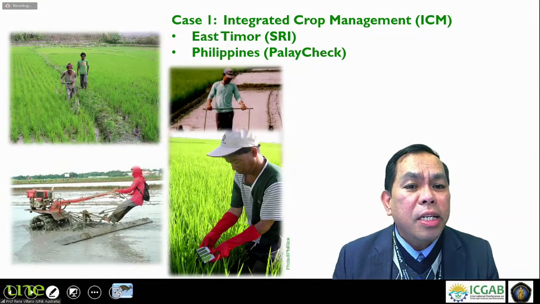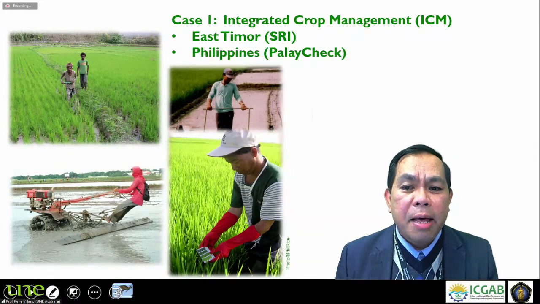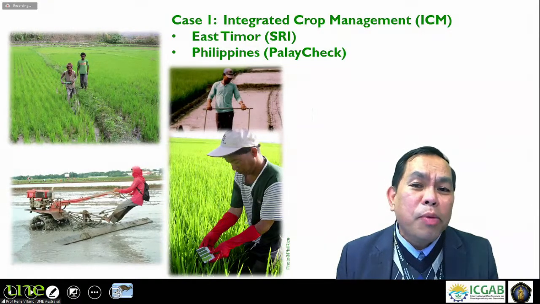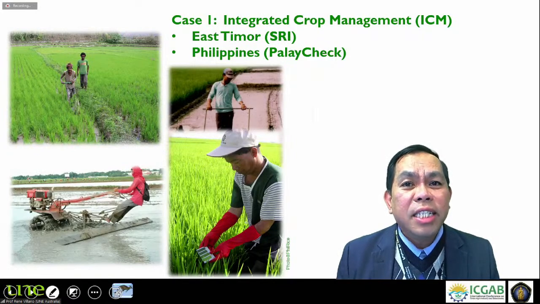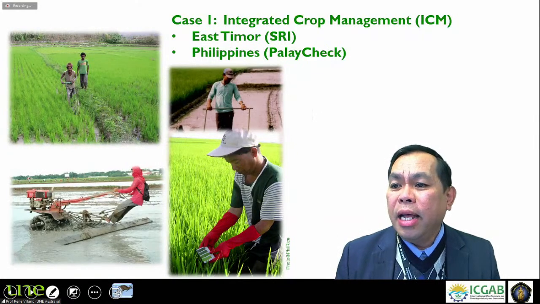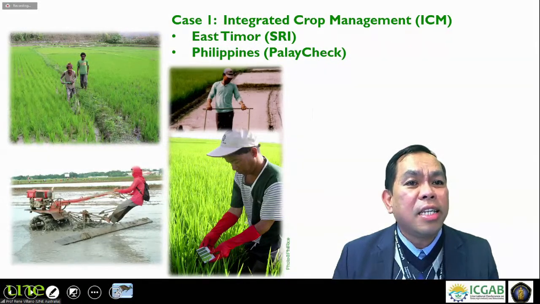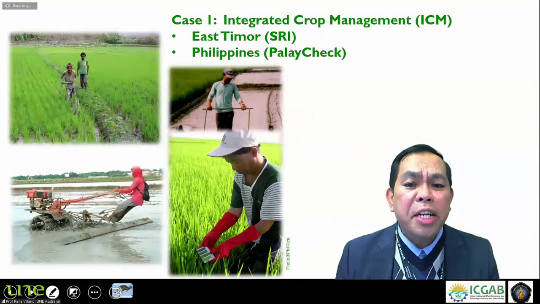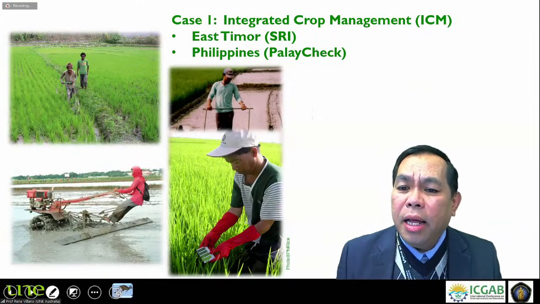One of those examples is the use of integrated crop management. As we all know, ICM is a holistic approach to sustainable development. The aim of integrated crop management is to enhance the quantity and quality of crop production. This involves techniques such as rice cultivation, including integrated nutrient management and integrated pest management.